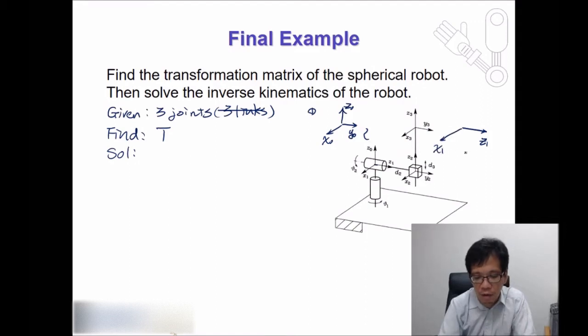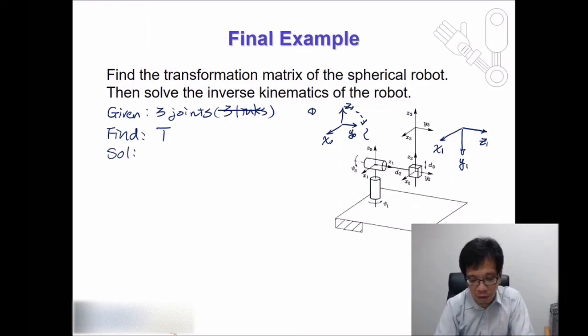Now you will need to use the right hand rule to determine the direction of your system. It is going to be y1 because this one has been rotated 90 degrees, which yields that the y0 direction becomes the y1 direction. That is something we're going to do.